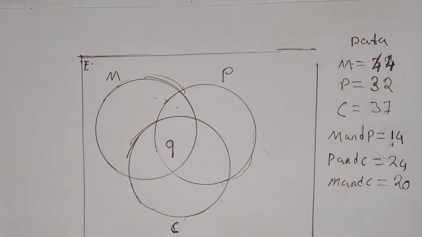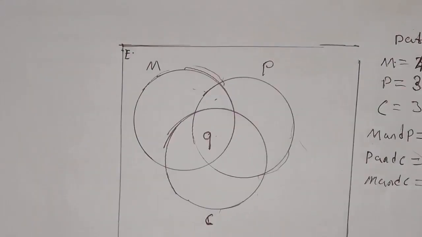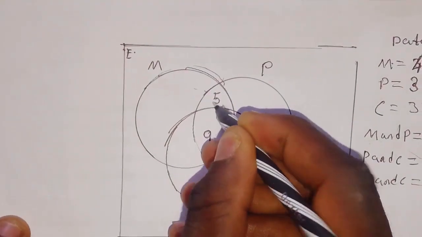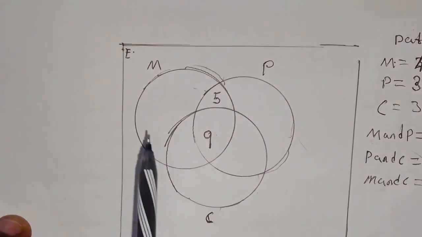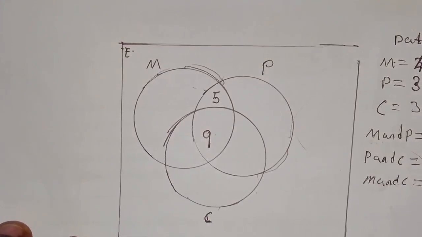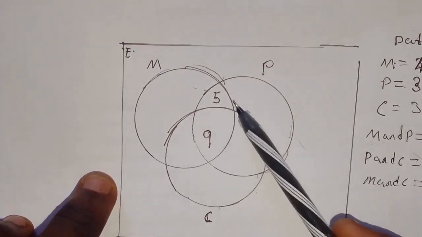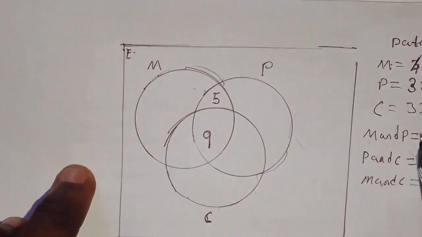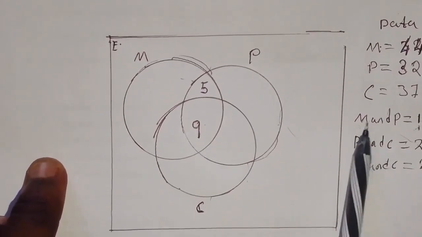So we're going to do 14 minus 9. So we have 5. So these 5 are the only ones who planted maize and potatoes only. If you add 5 plus 9, it will give you 14, and these are the people who planted maize and potato.